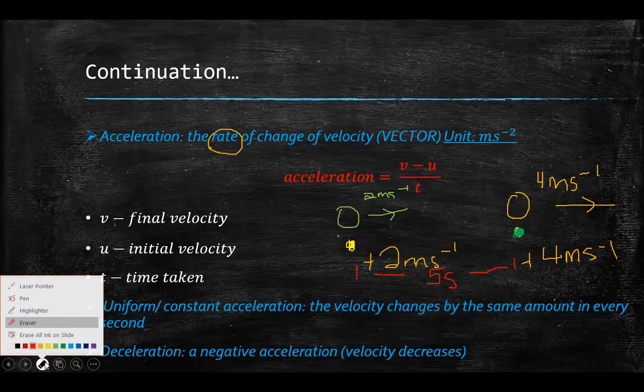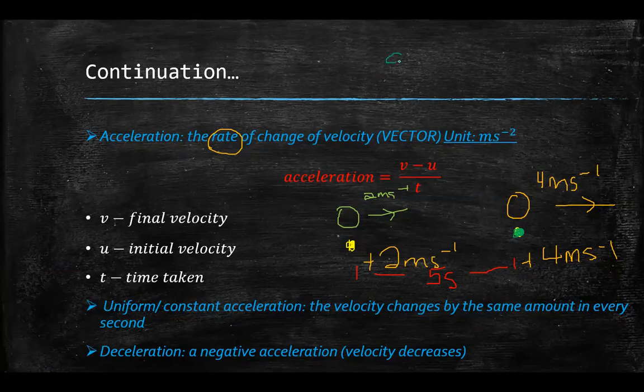So if this was the information that they gave me and they asked me to find the acceleration, then I would say A, let's just say the acceleration is denoted by A, is equal to the final velocity minus the initial velocity. So that's positive 4 minus positive 2.